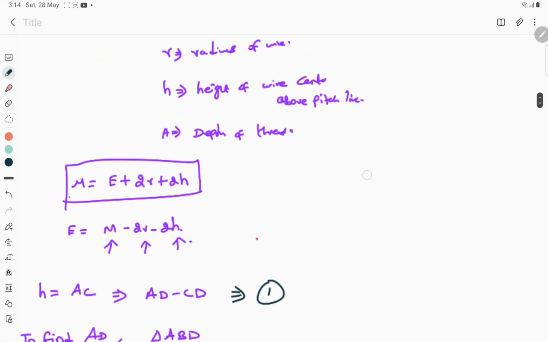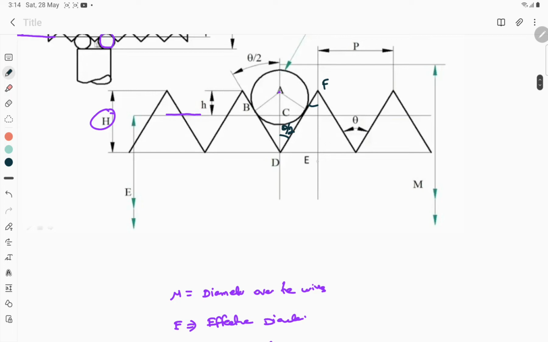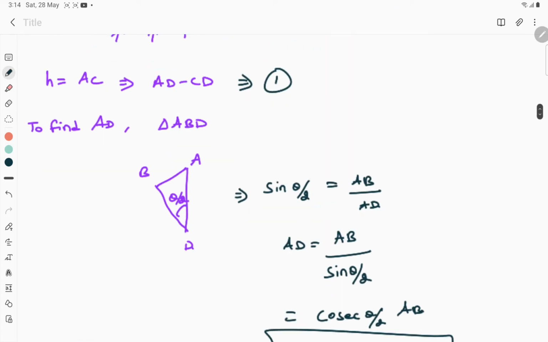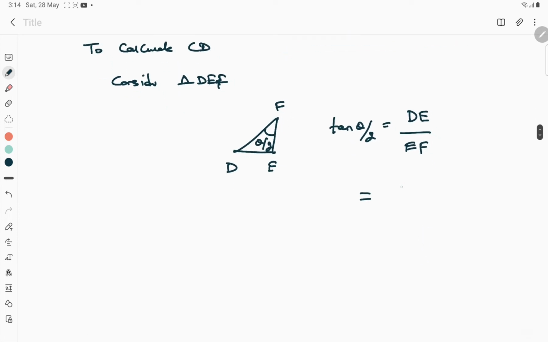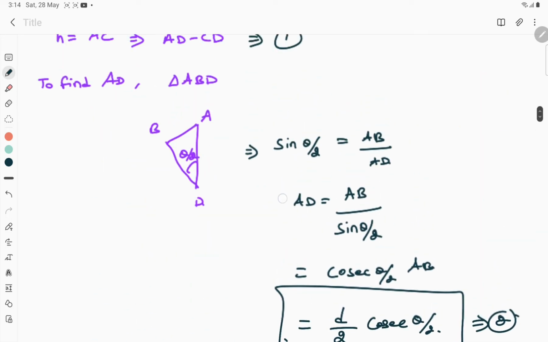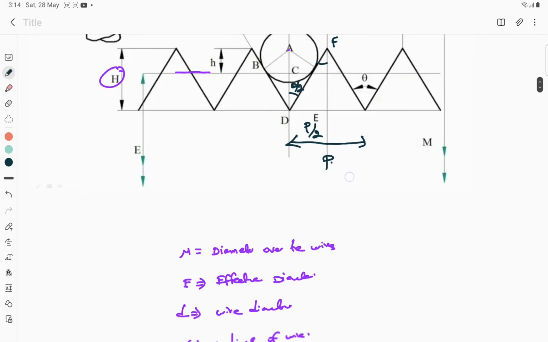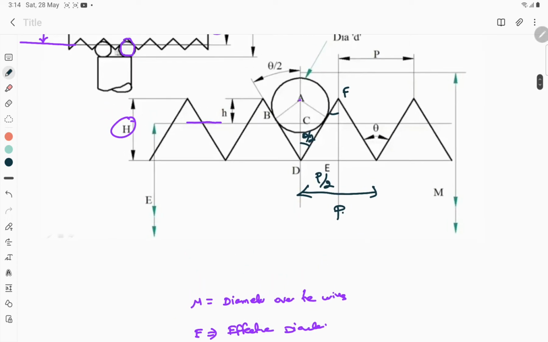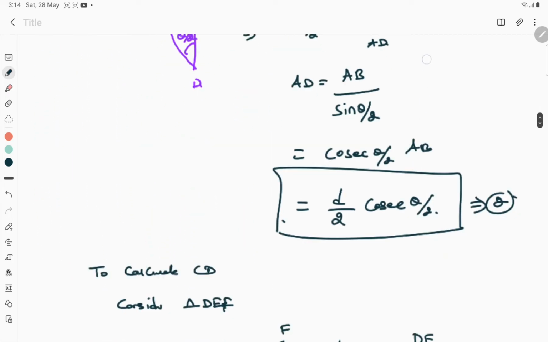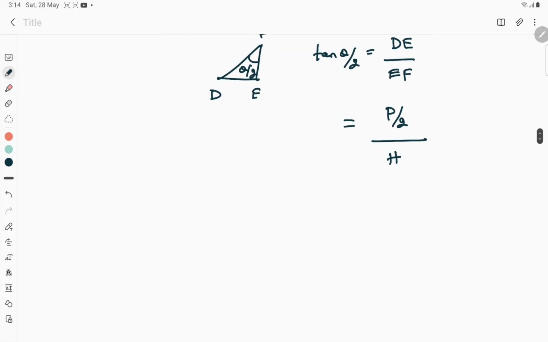You can see here this distance is pitch P, so half of it will be DE, which is P by 2, divided by H. EF is nothing but H, the depth of thread. So I'm replacing it with h: tan theta by 2 is p by 2 by h.